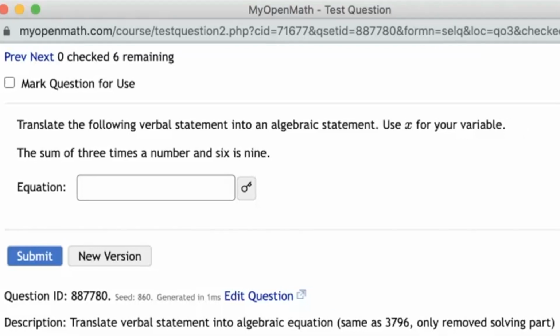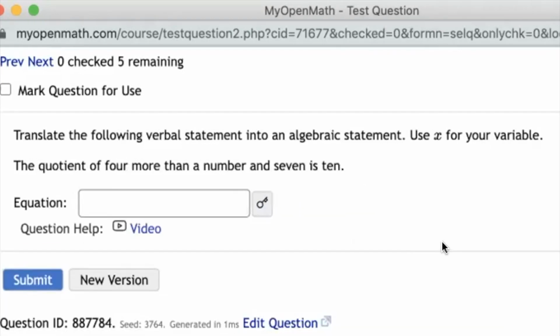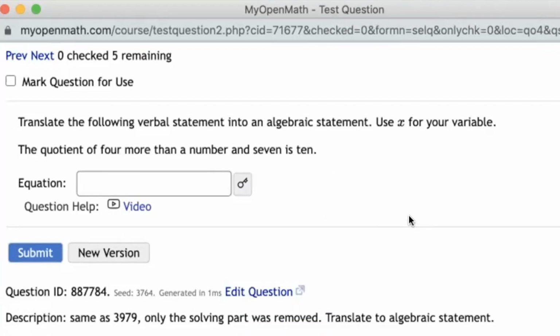Yep, okay. All right. There, 3 times x plus 6 equals 9. Okay, next up. The quotient of 4 more than a number and 7 is 10. Yeah, you're getting it.